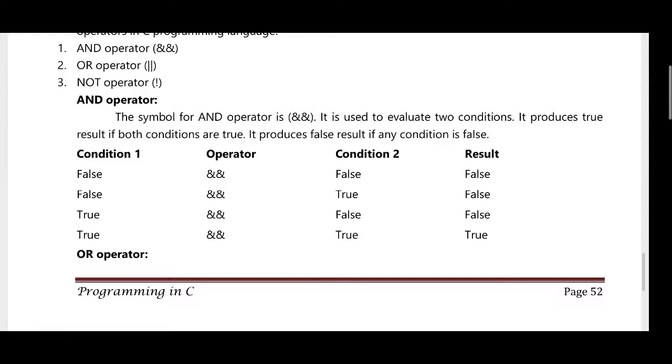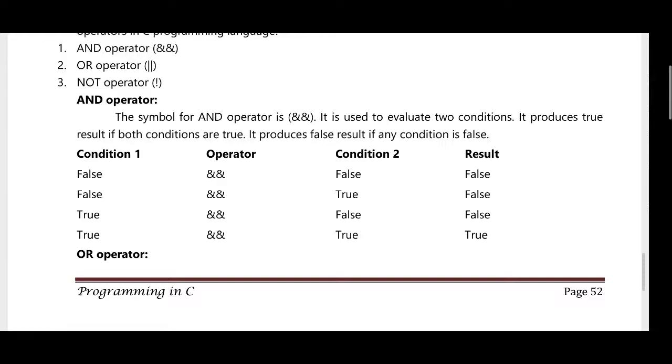The AND operator is used to evaluate 2 conditions. It produces a true result if both conditions are true, and produces a false result if any condition is false.